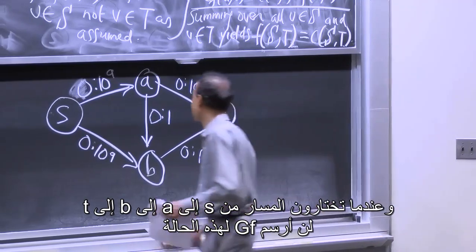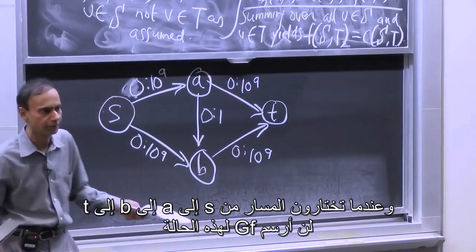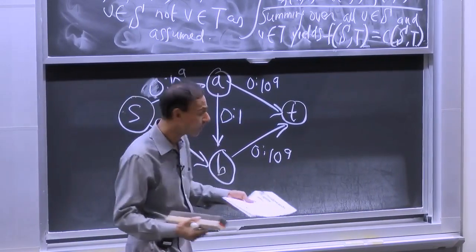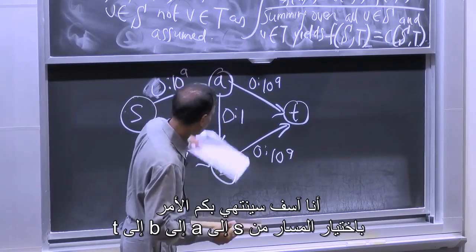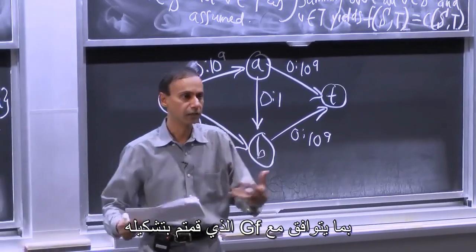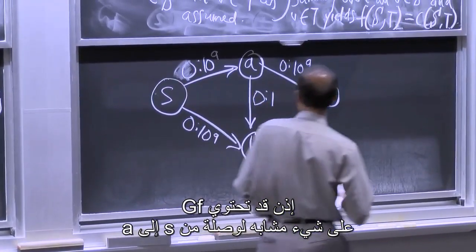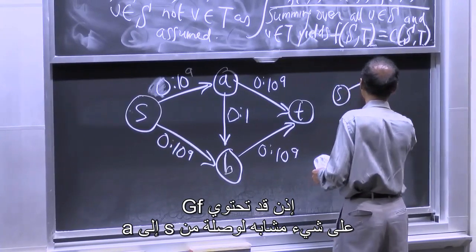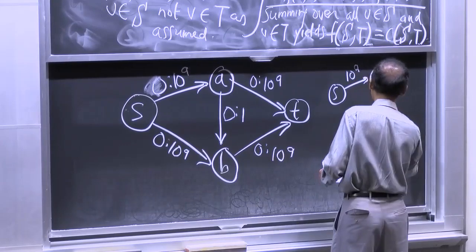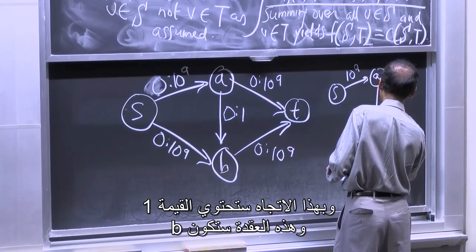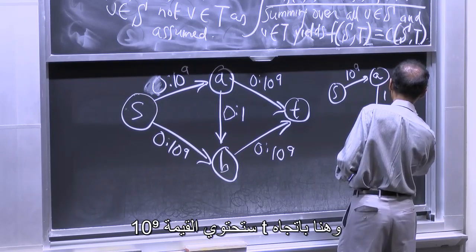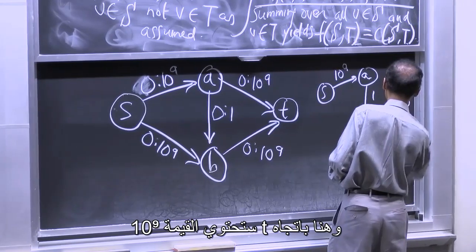When you pick S to A to B to T, I'm not going to draw G of F for this, but it's pretty clear what G of F is going to have. The G of F might have something like S to A. There's only going to be an edge this way that's going to have 10 raised to 9, and then this way it's going to have 1, and that's going to be B. And over here to T, it's going to have 10 raised to 9.